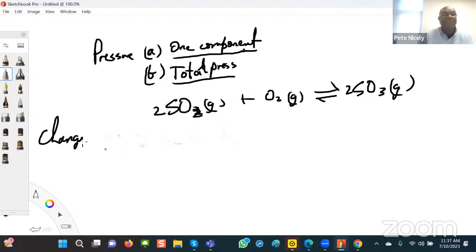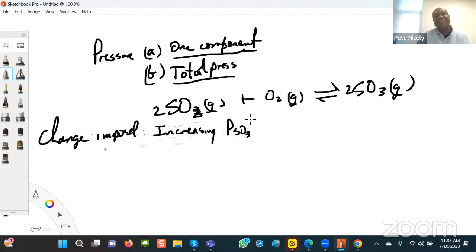The change that you're imposing is that you are increasing the pressure of SO3, all right?